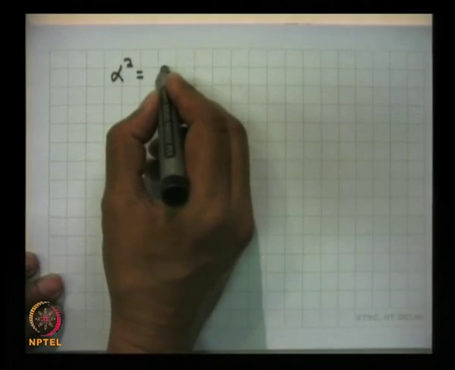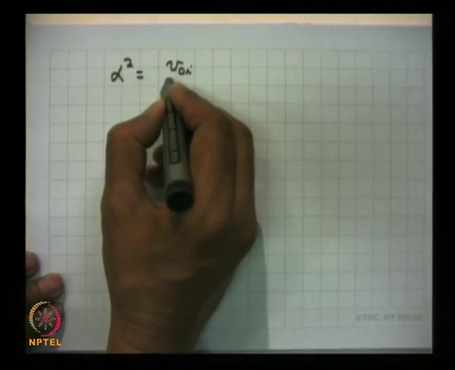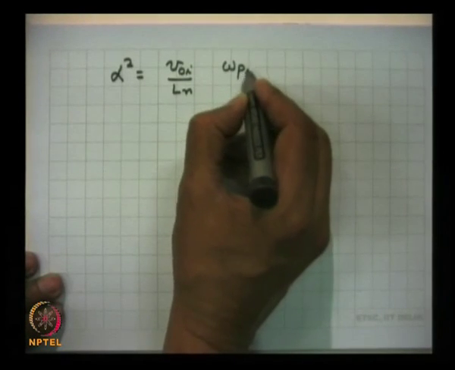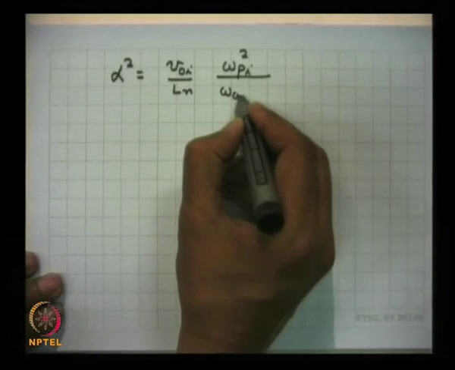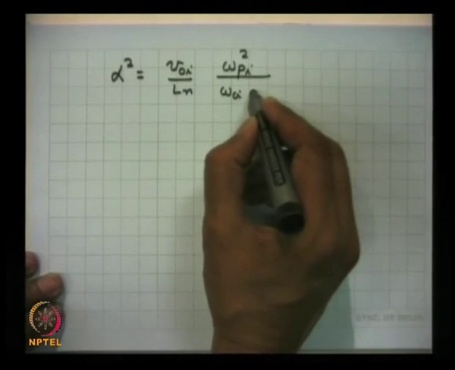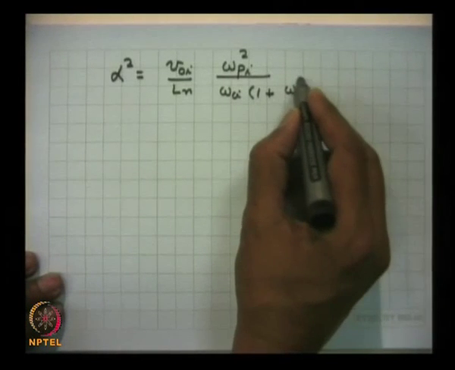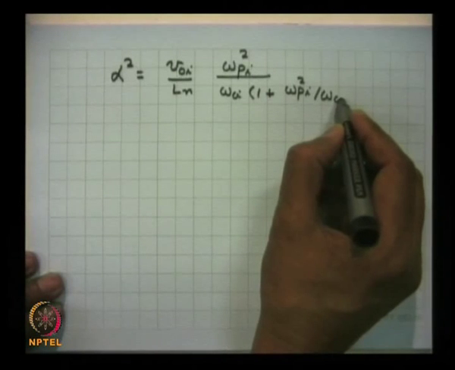equal to V0 ion upon density scale length into omega pi squared, that I have defined earlier, upon omega ci into 1 plus omega pi squared upon omega ci squared.